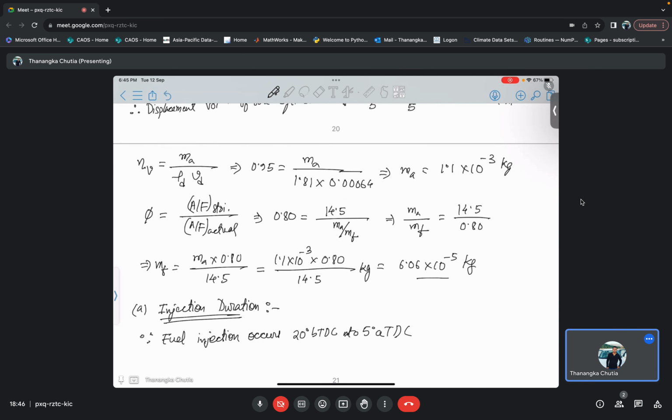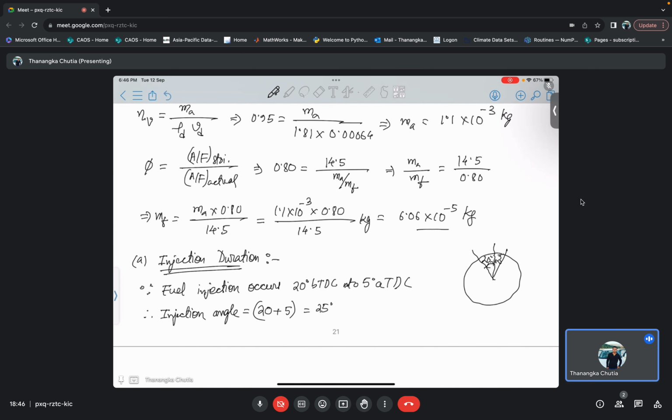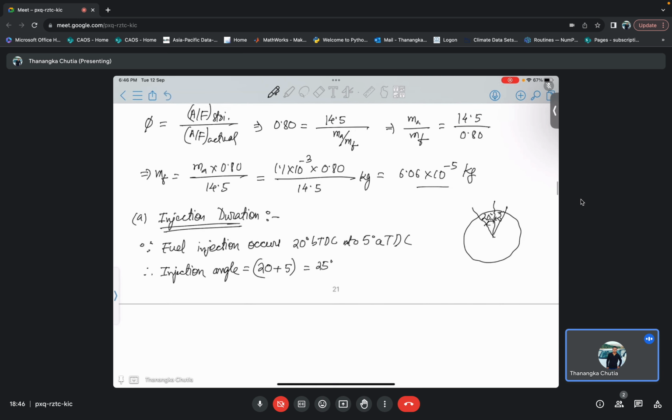Okay, so that means if this is your TDC, so from 20 degree before TDC to 5 degree after TDC, this happens. So therefore injection angle basically will be equal to what? 20 plus 5 is equal to 25 degree. Okay, so 25 degree of the crank rotation happens during the injection process. Okay, fuel injection process.